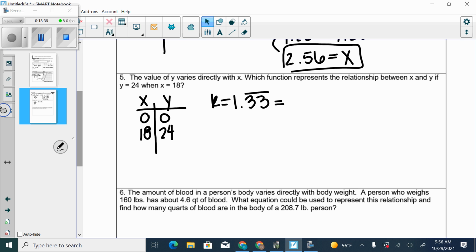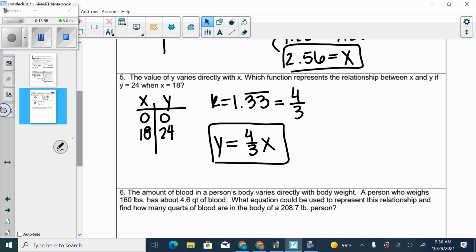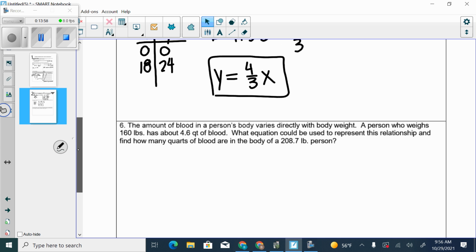Which, if we convert that decimal in our calculator, will become 4/3. So the equation of our line would be 4/3 x. And that would be the function that represents this relationship.